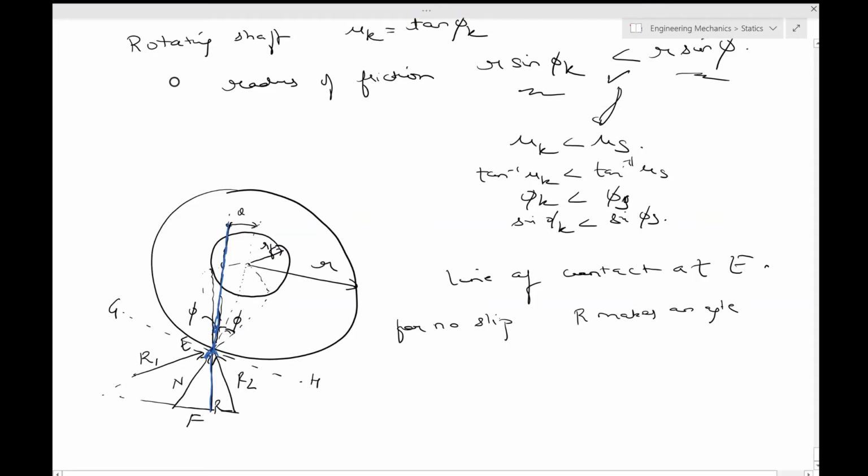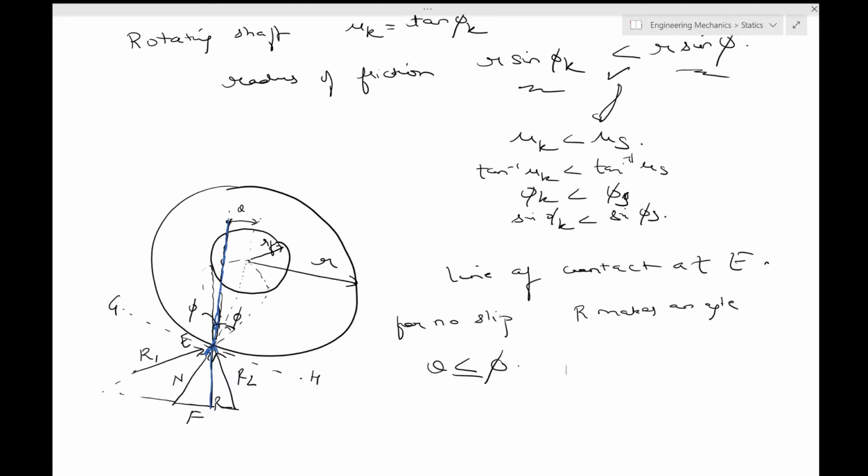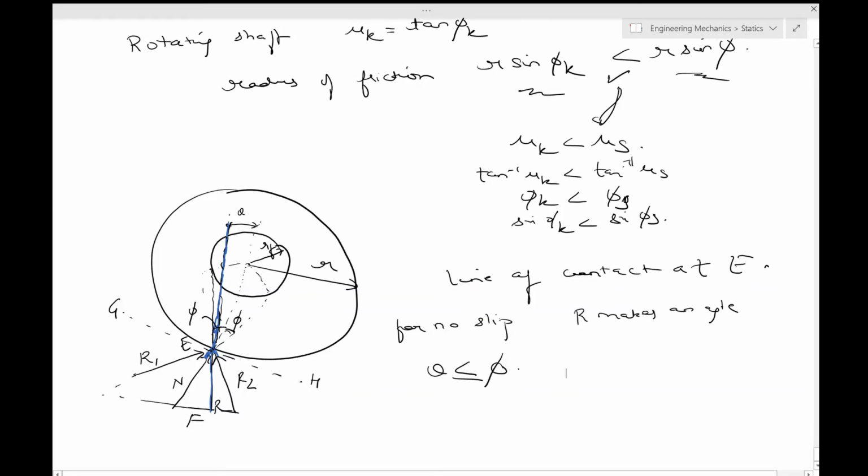So R makes an angle theta which is smaller than or equal to phi with the normal, the normal or radial line.